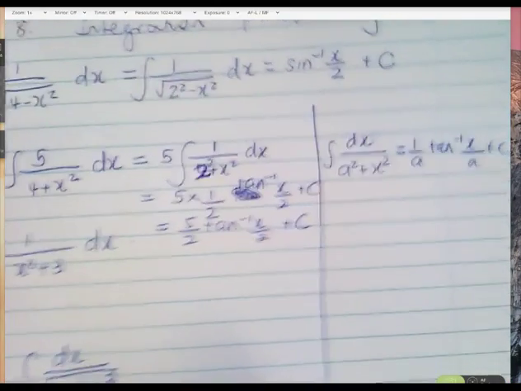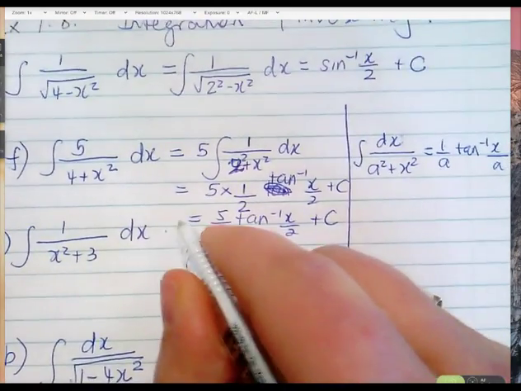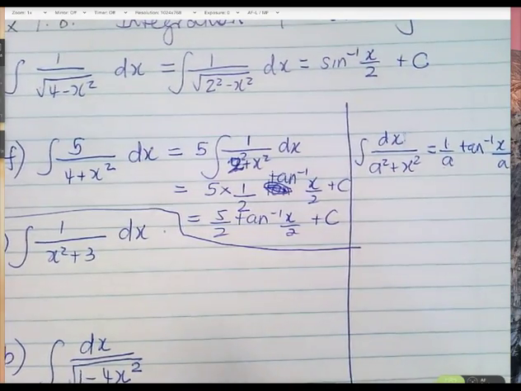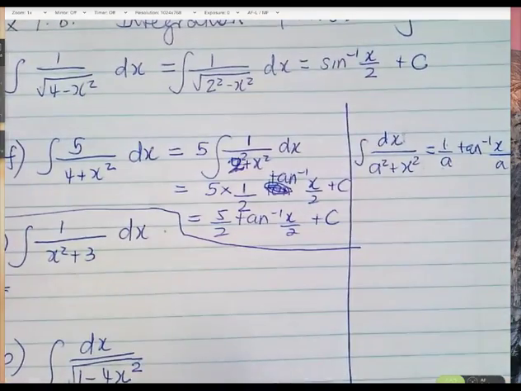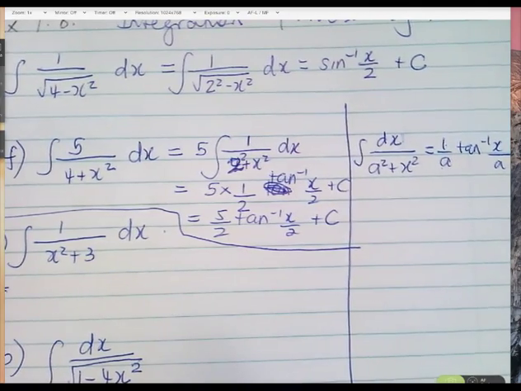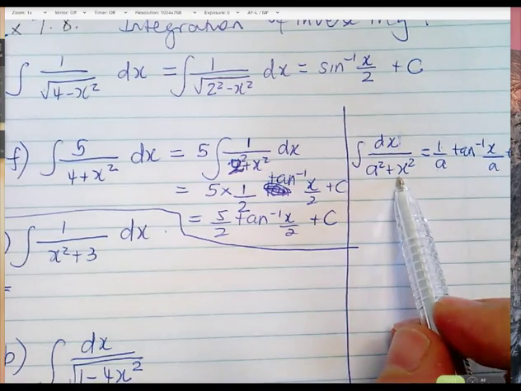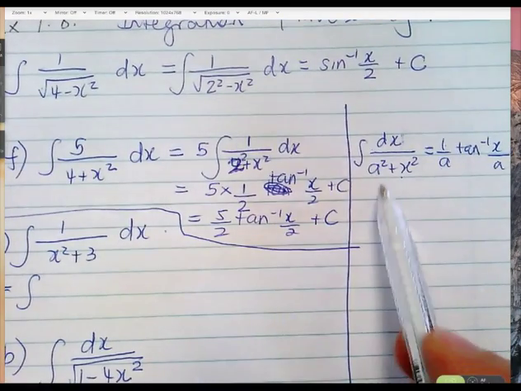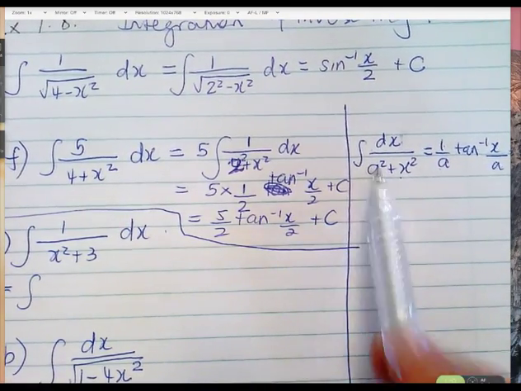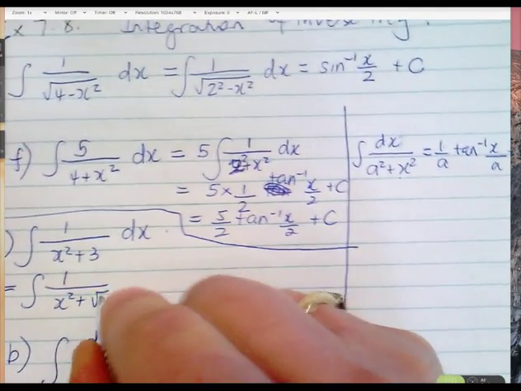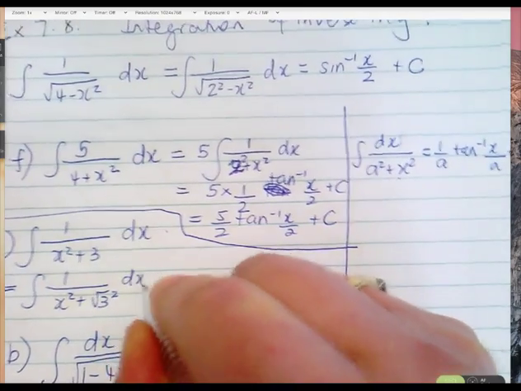Can you read that properly or not really? That's there. What about the next one? I want it looking like the formula. It is like the formula, but something squared is 3: 1 over x squared plus root 3 squared dx.